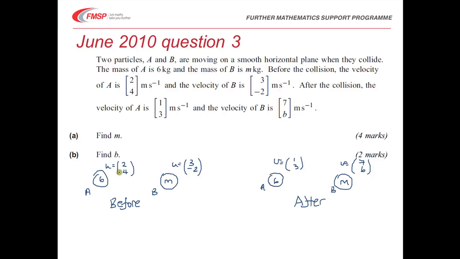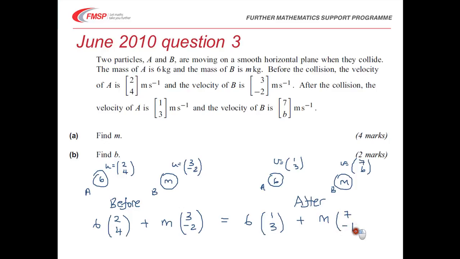So the momentum of A, mass times velocity, will be 6 lots of (2, 4), plus the momentum of B, which has a mass of m and a velocity of (3, -2), and that is going to be equal to the total momentum after the collision. So that's mass times velocity plus mass times velocity again of B. So that, if you like, is our momentum equation. That's the important thing that you need to be able to write down.